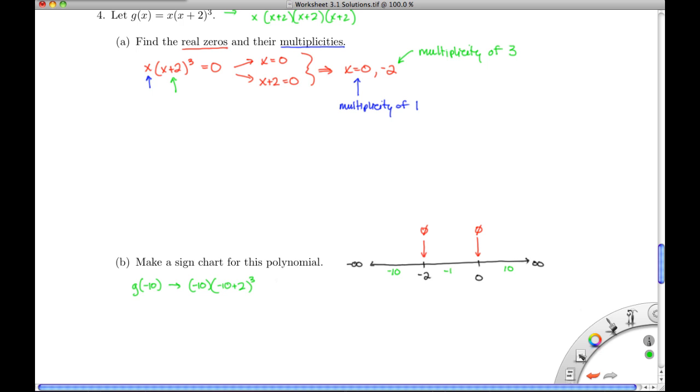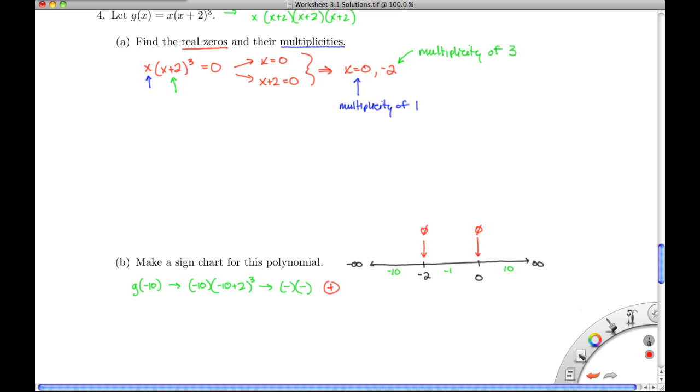Let's think about just the sign that's going to come out of this. We're going to have -10 plus 2, which will give us a negative number. We cube a negative number, we get back a negative number. We multiply that by -10, and we get a positive number. So this is just the -10 times some negative number, and we know that this is going to result in a positive.